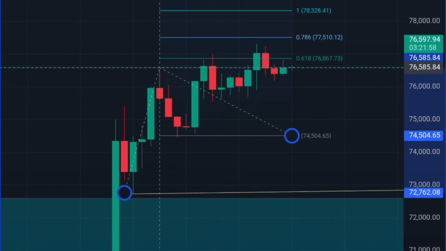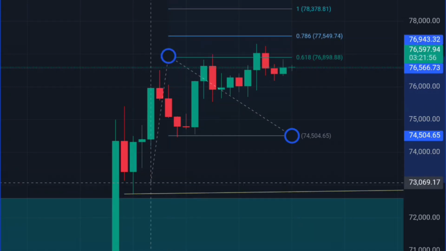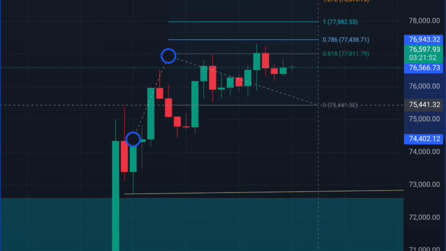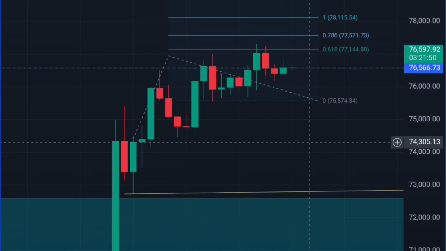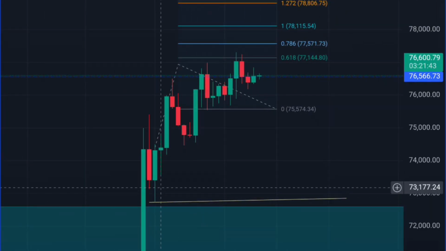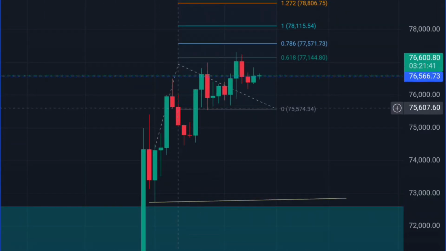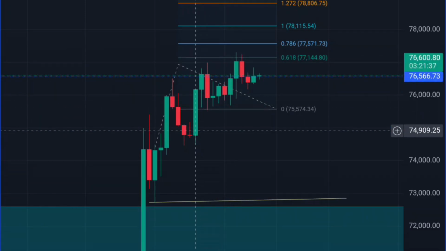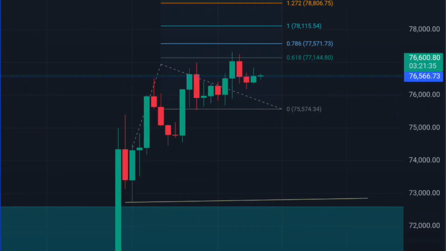Let's do the same thing with the following wave. Measure from the bottom to the top, project from that low. What do you know? That one hit the 618 as well. Pretty interesting how those are working. This one is 618 of that, and this final wave is the 618 measurement of that second wave.